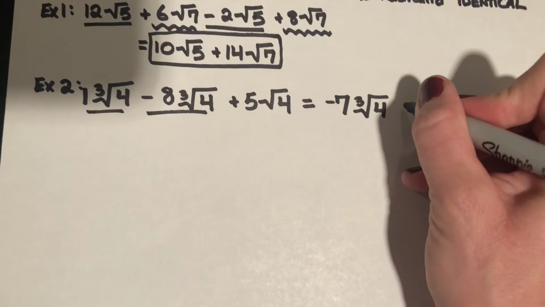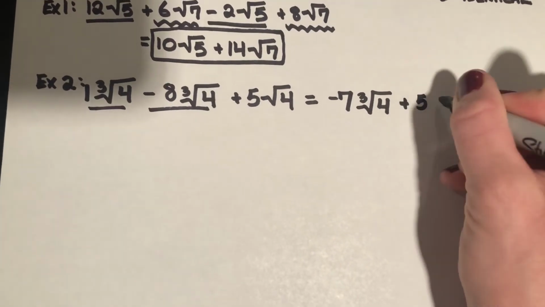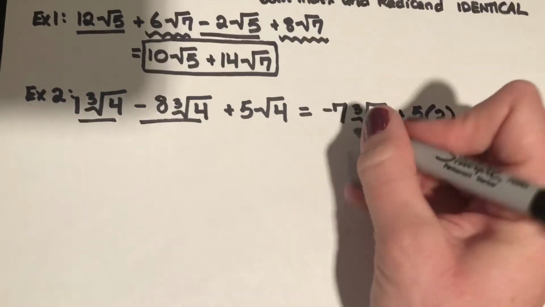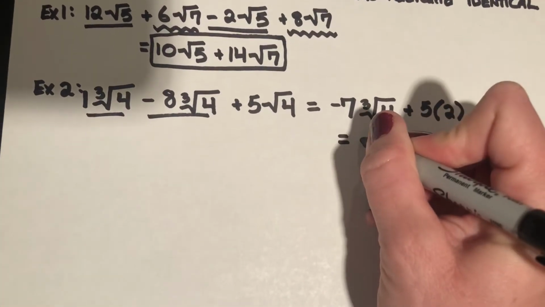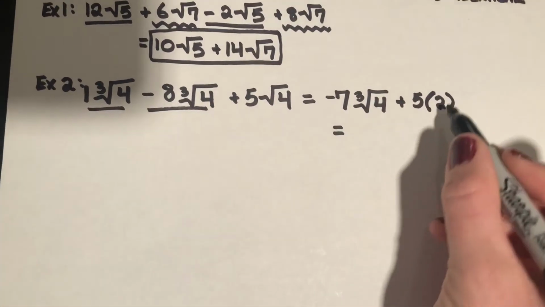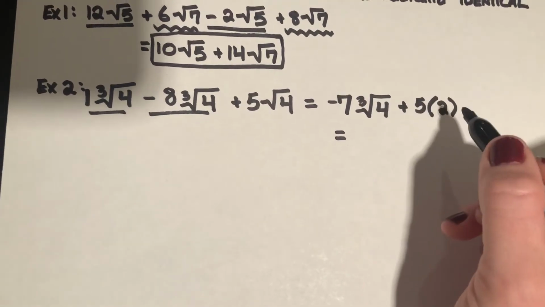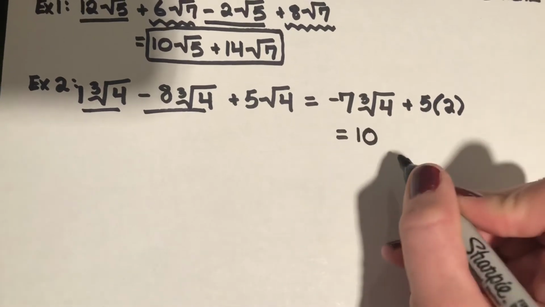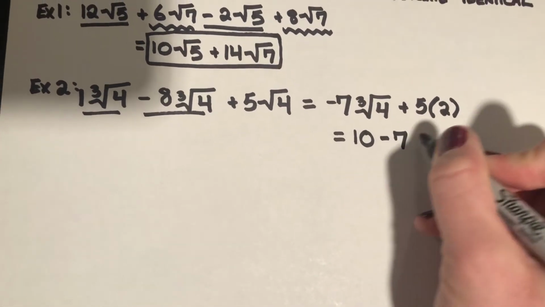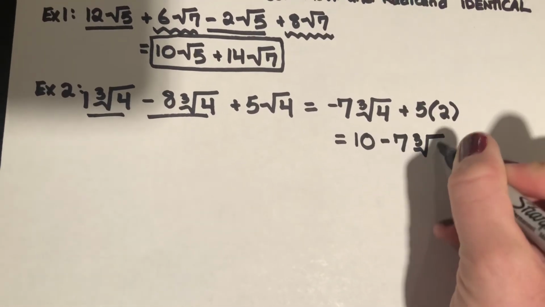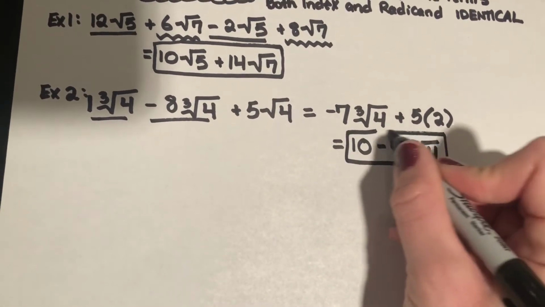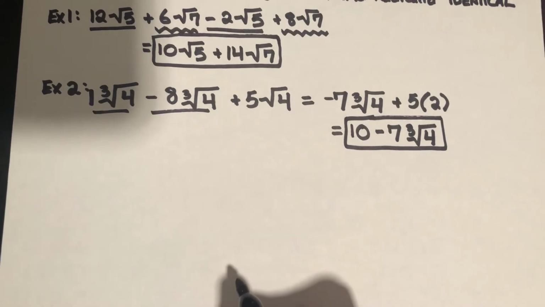So this is really plus 5 times 2. And that exists. So our most simplified answer, and I'm going to put this first so a positive number is in front, is 10 minus 7 cubed root of 4. And that is our most simplified answer.